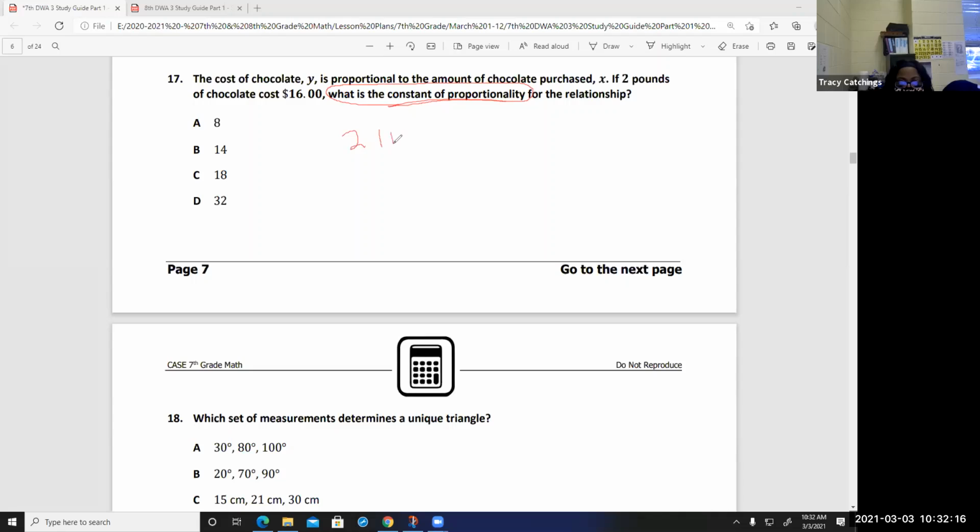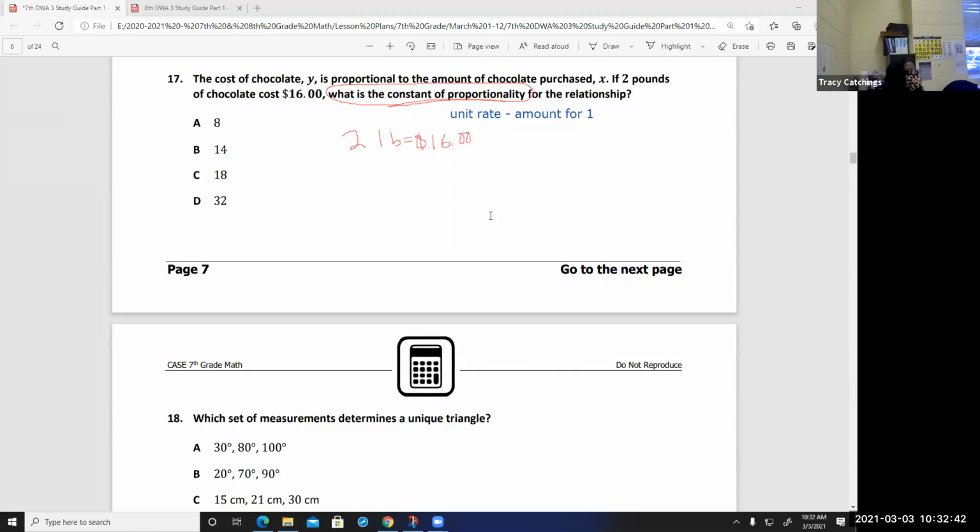All right, notice what they gave us. They said 2 pounds is equal to $16. For those of us who do not know, that constant of proportionality is like the unit rate. Unit rate is the amount for how many? One.